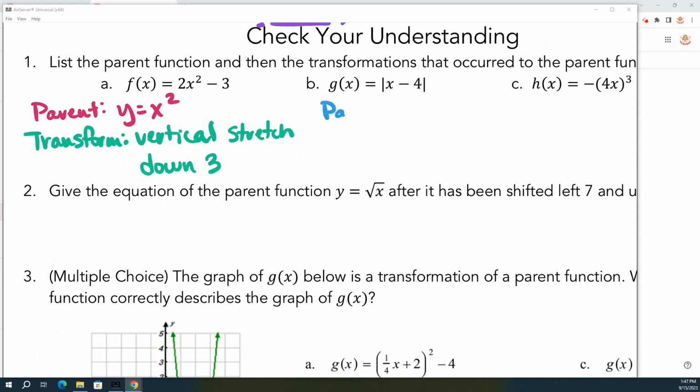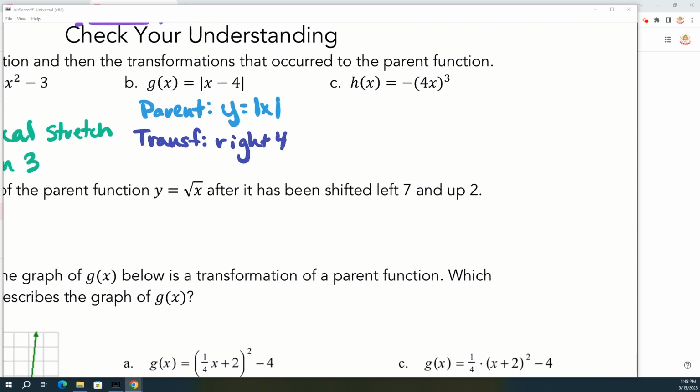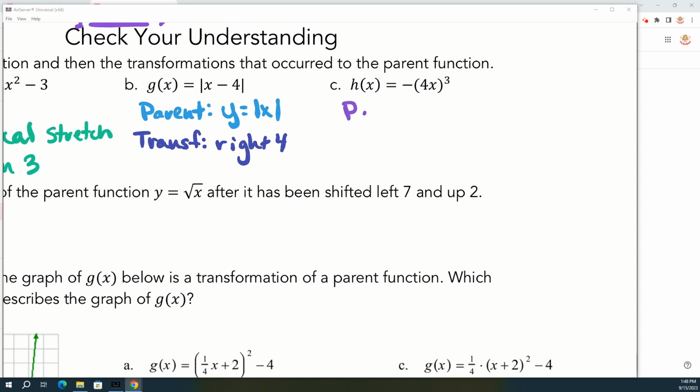All right, what do you guys think about the parent on letter B? Absolute value of x. And this one only has one transformation. Subtracting on the inside, right 4. All right, you guys try to see on your own. Find the parent, and then it has 2 transformations.